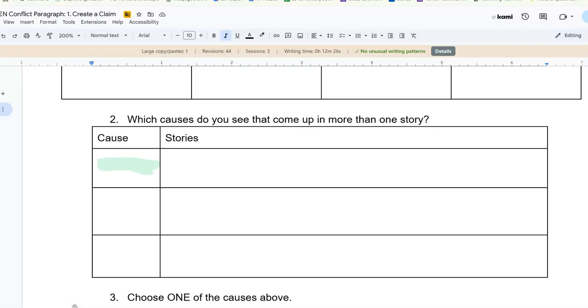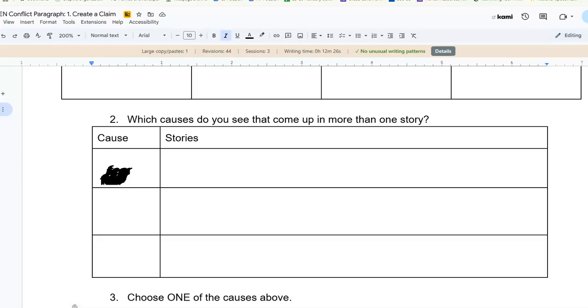So for example, for cause 1, some students said, oh, well, fear. Fear is a common cause. And what stories include or show fear as the cause of the conflict?